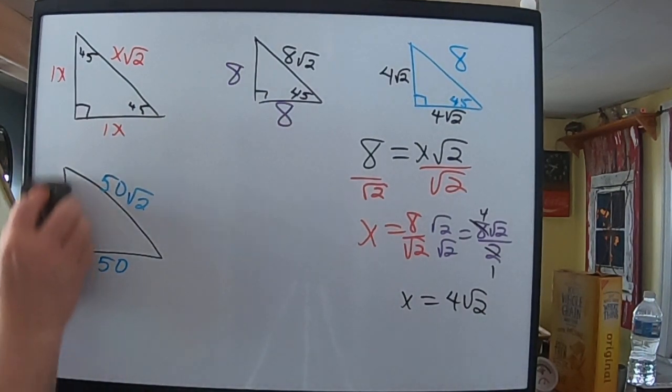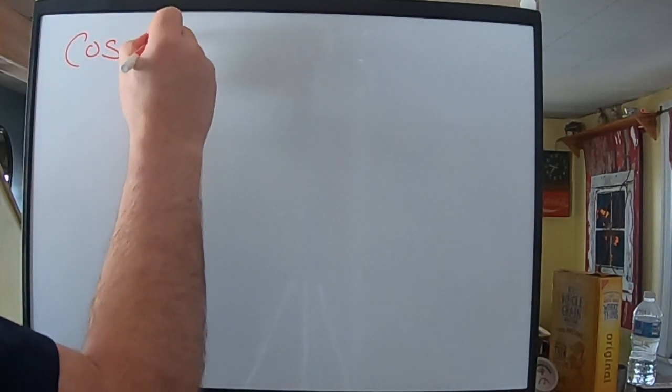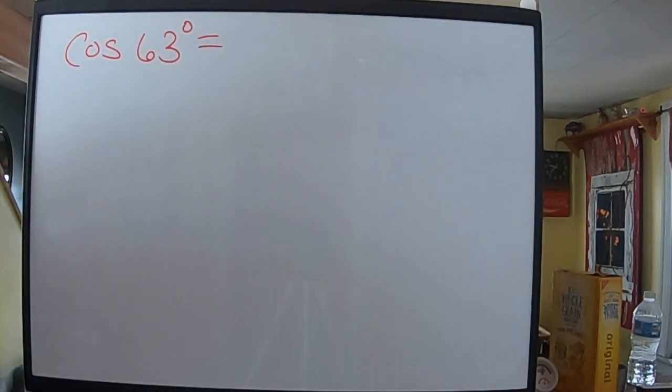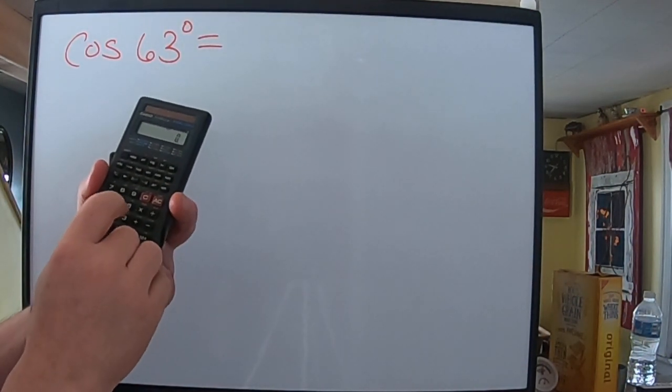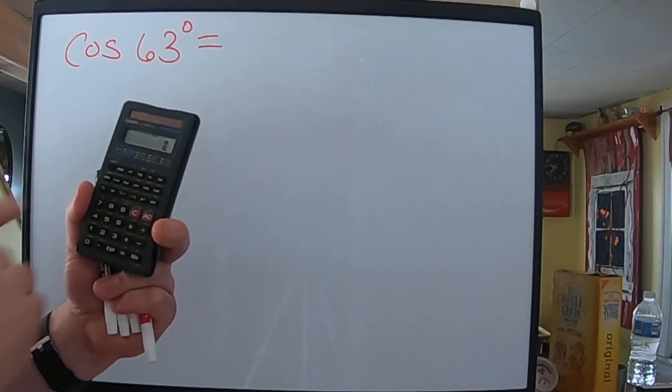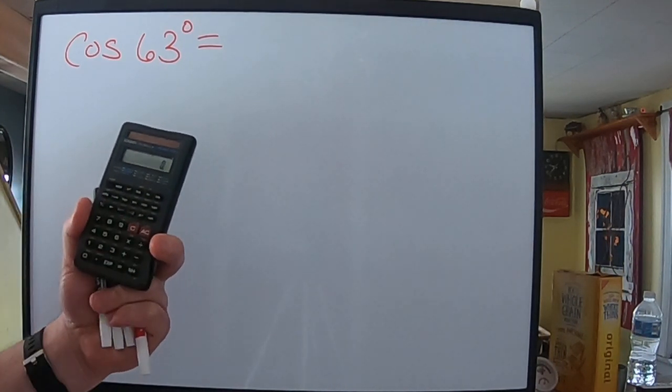Next topic that we're going to deal with is just finding values of something like cosine of, what was it, 63 degrees, for example. If I'm trying to find that, I need to take out my calculator, and make sure it's in degrees, because there are radians and gradians.